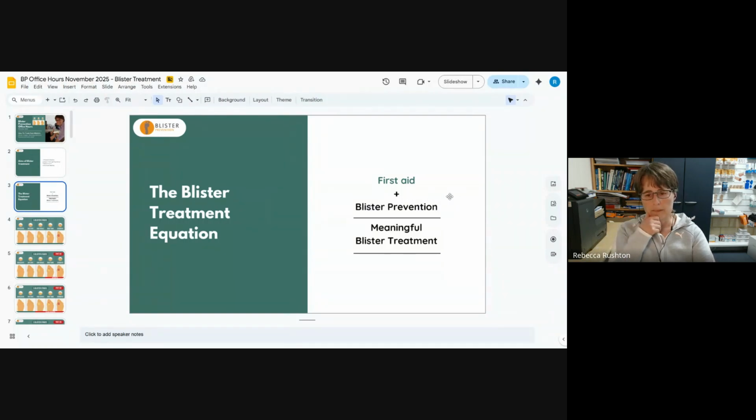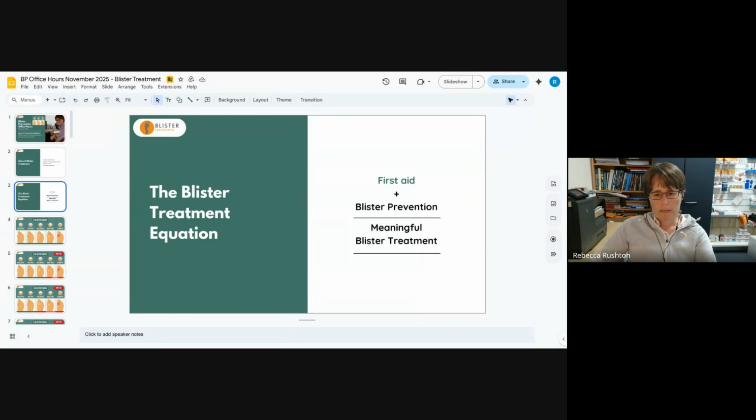So the blister prevention is basically the thing that minimizes the cause of the blister, which is shear. It could be taping, it could be an Engo patch, it could be a Spenco insole, it could be some sort of biomechanical alteration. These are the things that are going to actually reduce the magnitude of shear and bring about less pain, healing momentum, and stop that blister from getting worse.